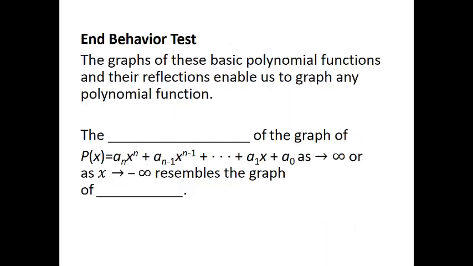This in part leads to something we call the end behavior test. And it states that the graphs of the basic polynomial functions and their reflections enable us to graph any polynomial function.